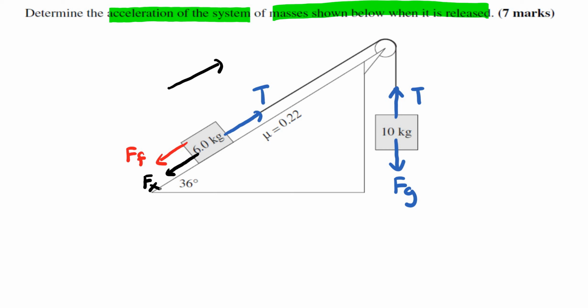The force in the x direction, which is parallel to the incline, is always acting in the downwards direction here. Okay, so these are the forces that we're going to be using to create our F net equation here.